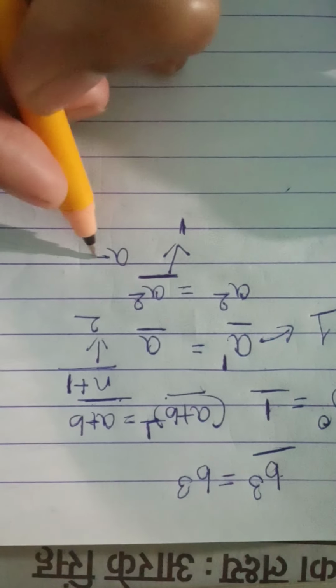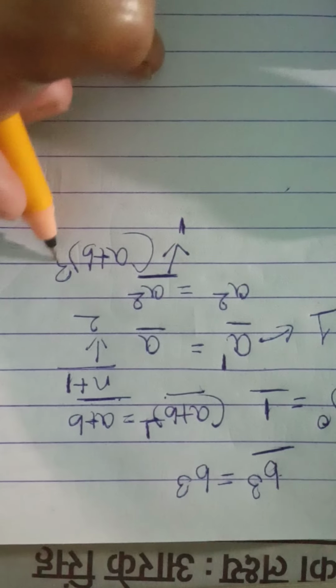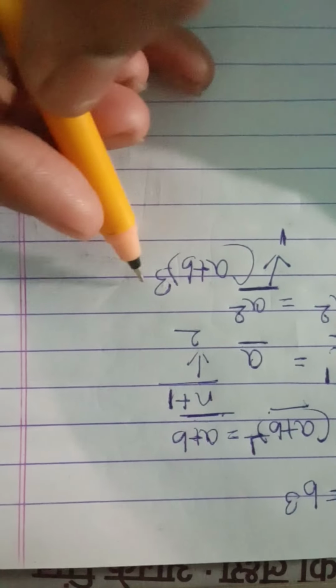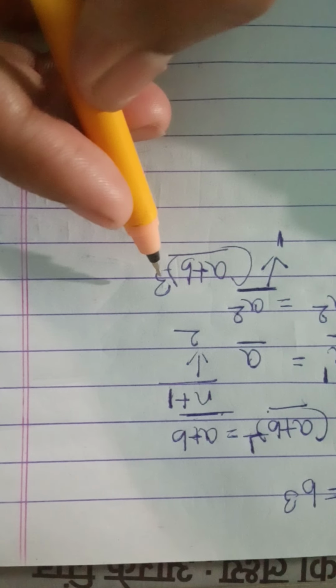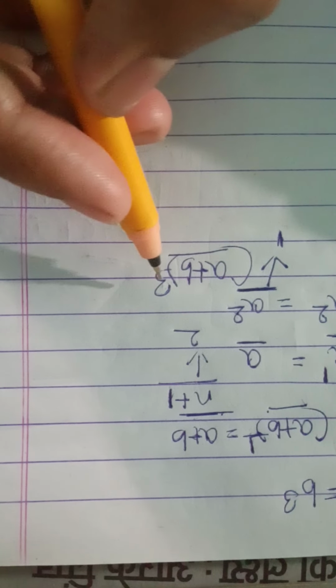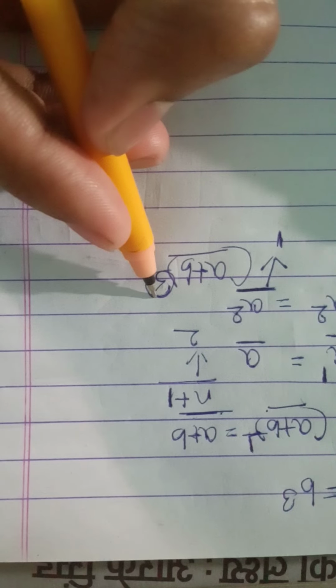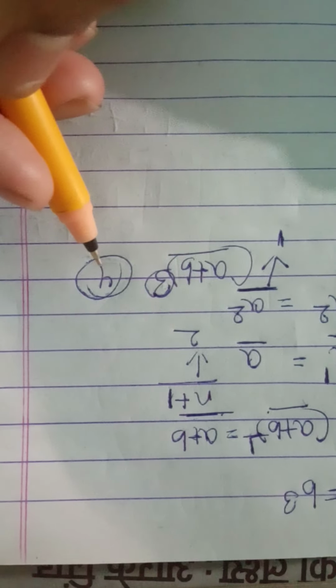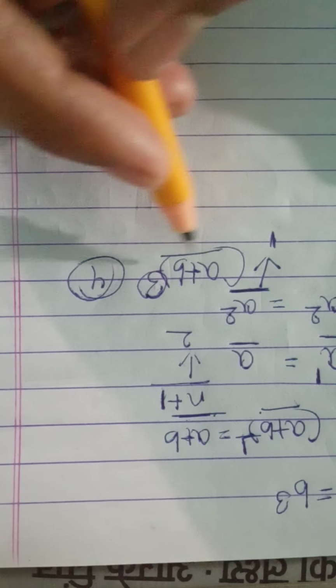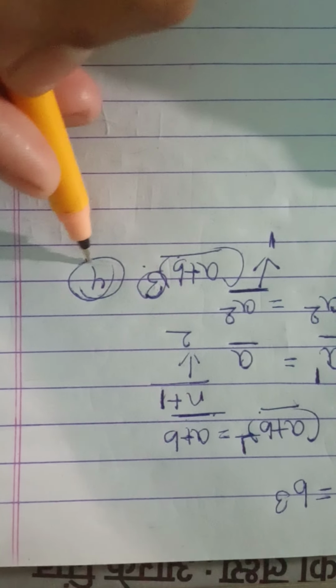Similarly, a plus b whole cube, we do not require to expand this because we know a simple formula. Here n is 3. If we put the value of n as 3, we get 4. It means the number of terms in the expansion of a plus b whole cube is 4.